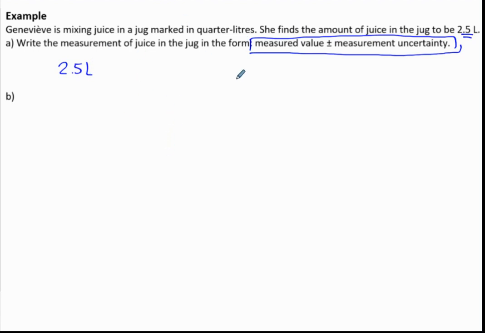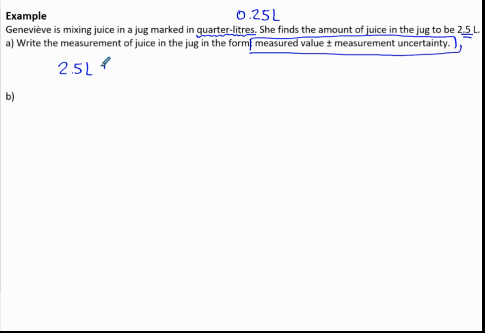Now, there is some uncertainty there. To find my uncertainty, I need to know what this juice jug is marked in. What's its smallest unit of measurement? If I read the question here, it is marked in quarter liters. So quarter liters is 0.25 of a liter.